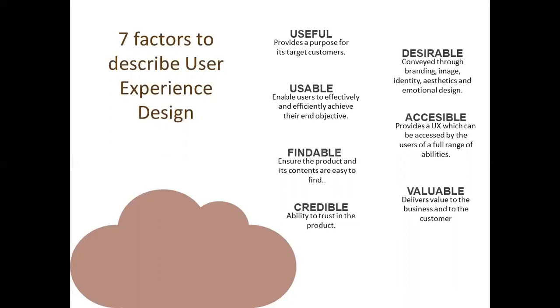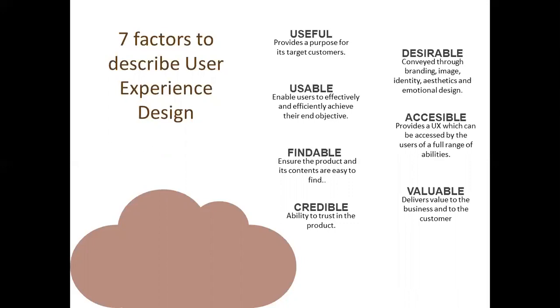Second factor is usable. We need to enable users to effectively and efficiently achieve their end objective. Third is findable. Ensure the product and its contents are easy to find. Fourth, credible. Ability to trust the product.